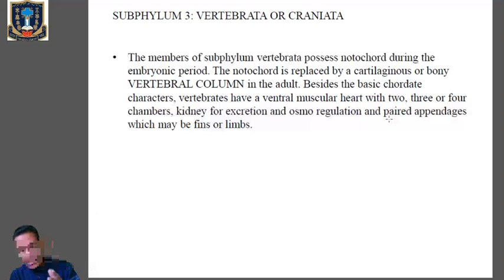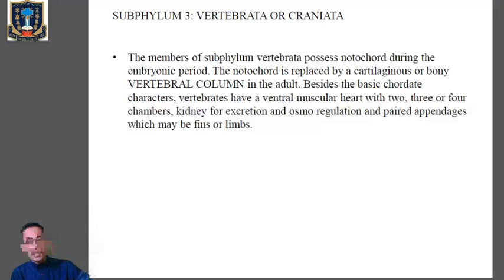Okay. So, the members of the subphylum Vertebrata possess notochord only in their embryonic period. But during the course of development, listen very carefully, this notochord will be replaced by the vertebral column in the adult.